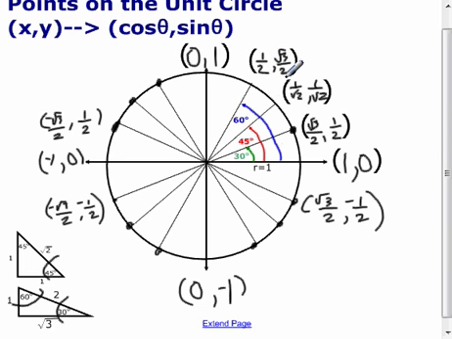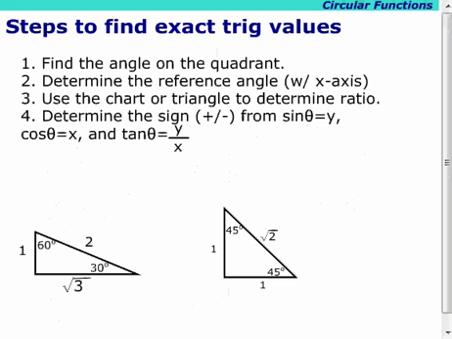So this should help us when we are going to determine exact values of trig functions or of trig angles. Here are some steps that I've found useful when I'm having to find exact trig values. First, I find the angle on the quadrant somewhere. Maybe it's over here somewhere. Then I find whatever the reference angle is for that.